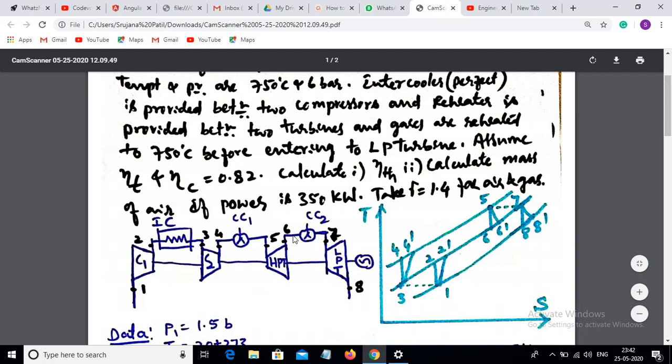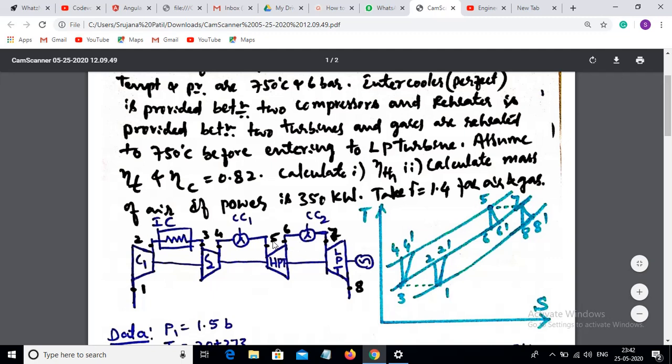So at T6 dash temperature and the pressure of 3 bar, the gases will enter combustion chamber 2, where the combustion takes place by burning the fuel, so that heat is supplied. Hence, the temperature will be increased to T7. T7 must be equal to T5. So it means the entry temperature of the gases to both the turbines must be the same.